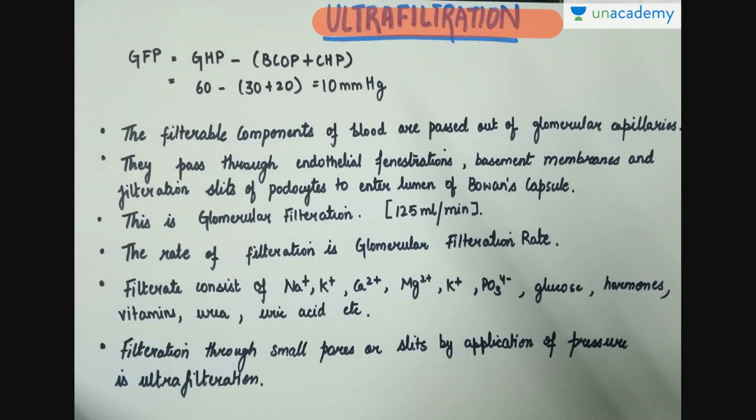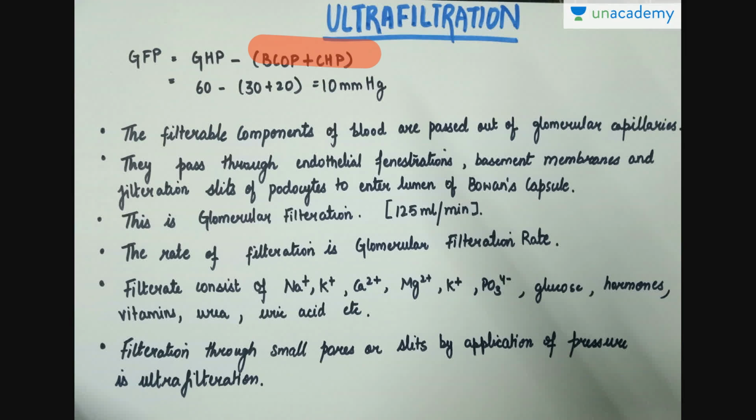So what is ultrafiltration? Before that we will be studying the net filtration pressure, due to which the blood gets filtered, or due to which the filtrate passes out of the blood into the Bowman's capsule. Now the glomerular filtration pressure, that is the net filtration pressure, is equal to the glomerular hydrostatic pressure, which is the positive pressure which allows the filtrate to pass from the blood, and the two negative pressures, the blood colloidal osmotic pressure and the capsular hydrostatic pressure.